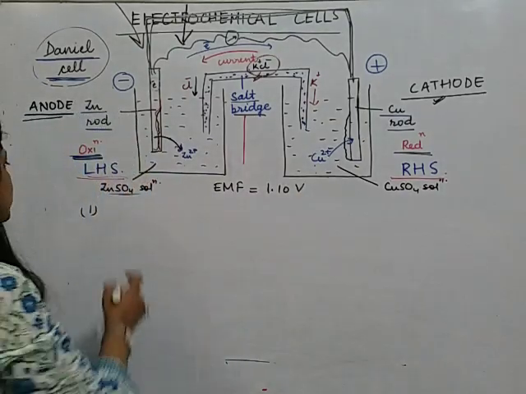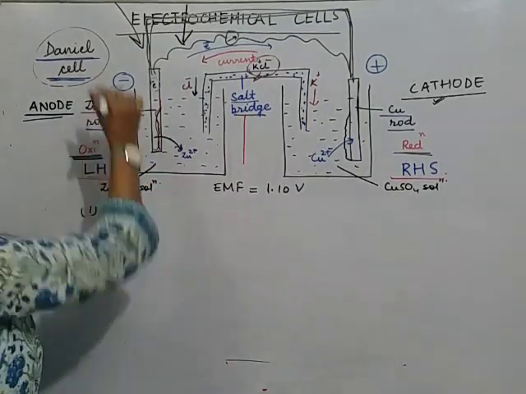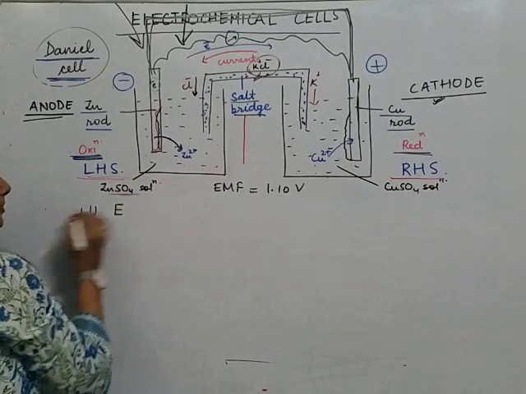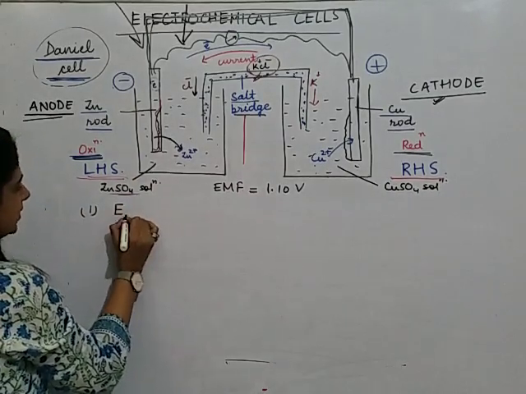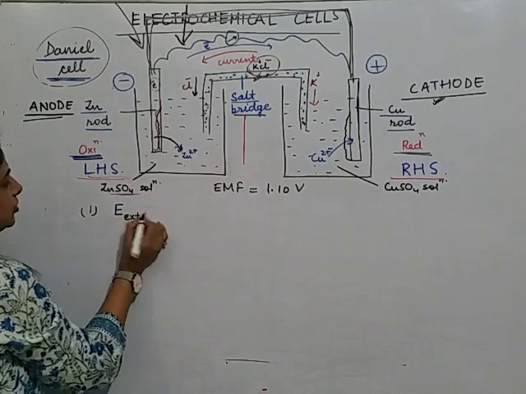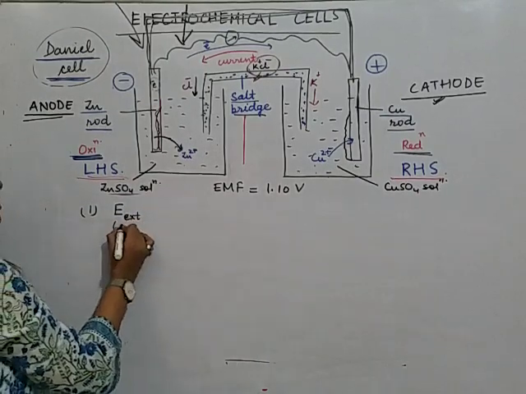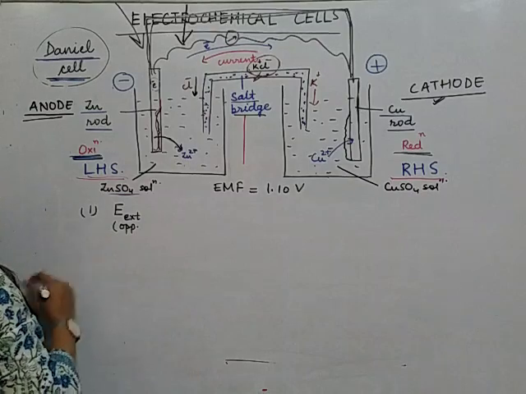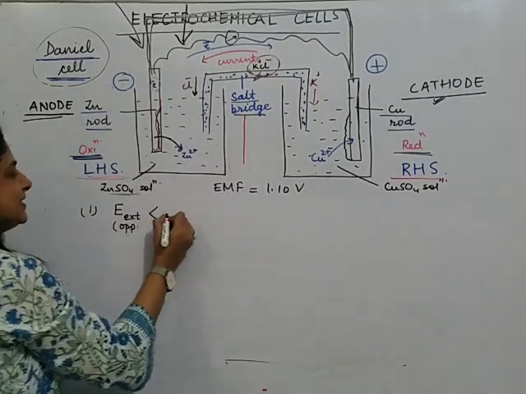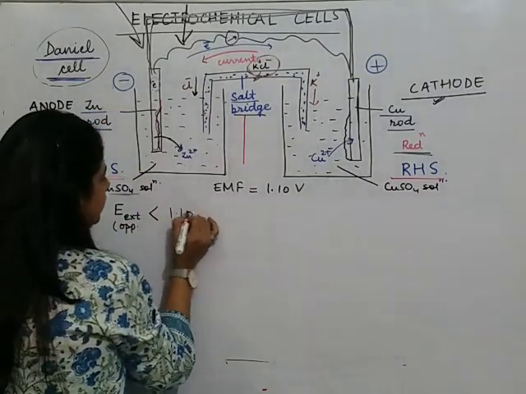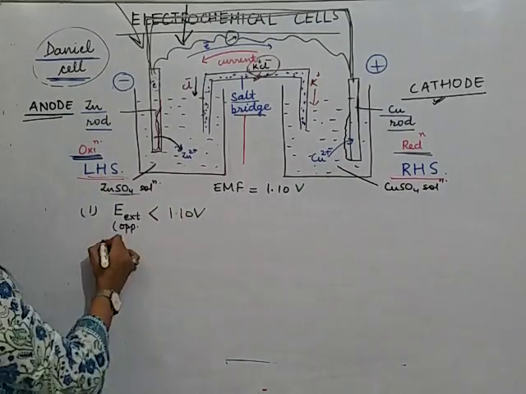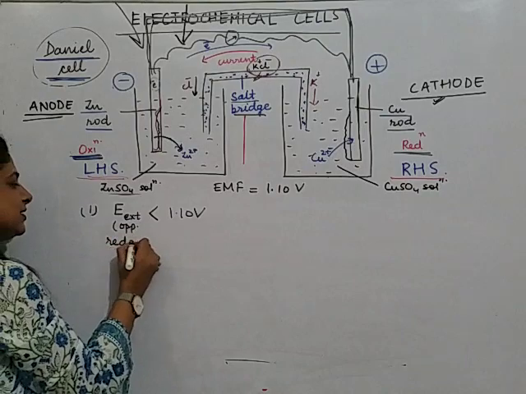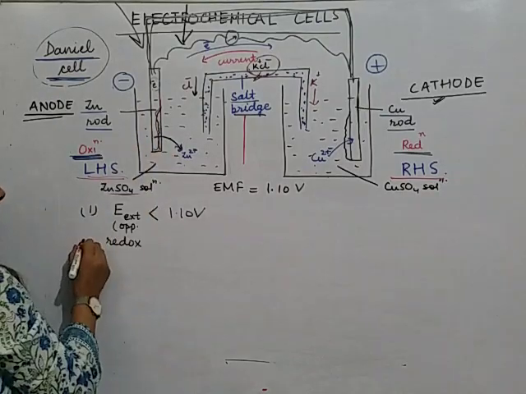Now, the first condition, when we apply the opposing potential, this external potential which is opposing in nature, and this is less than the EMF of the cell. What would happen? The redox reaction will still take place. Which redox will take place?